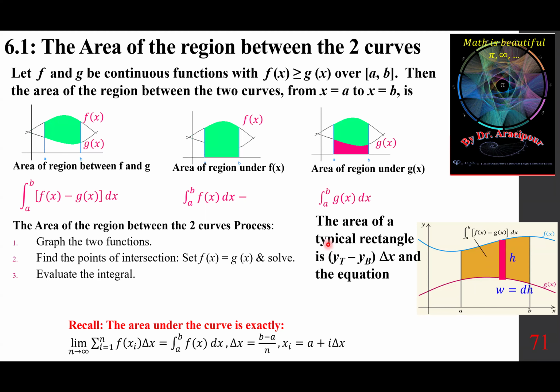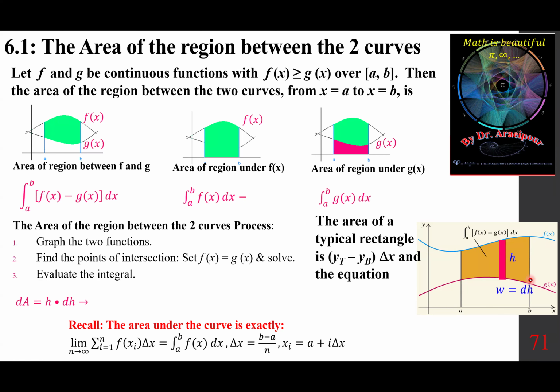The area of a typical rectangle is y of the t, that means y of the top, minus y of the b, that means y of the bottom. In this graph, the y of the top comes from f of x, and y of the bottom comes from g of x.